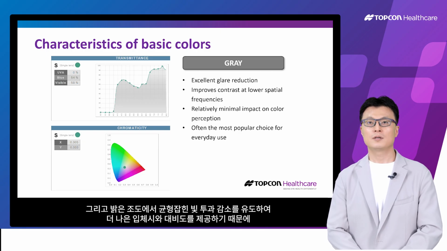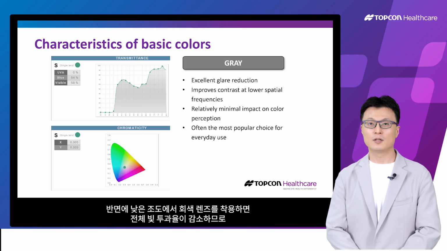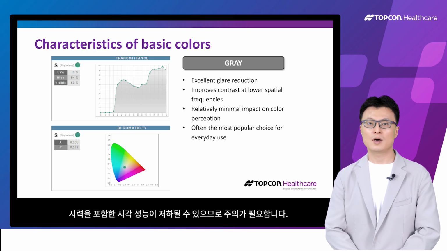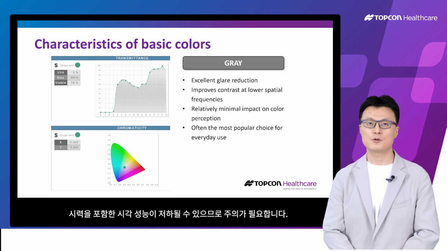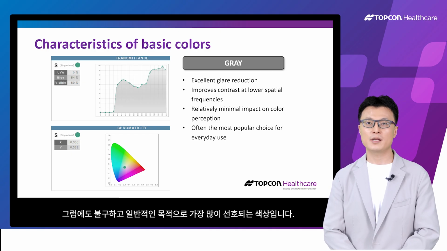They offer improved depth perception and contrast, making them an excellent choice for outdoor activities. However, in low light environments, the overall decrease in light transmission can diminish visual performance, so caution is advised. Despite this drawback, gray is still one of the most popular choices for everyday wear.